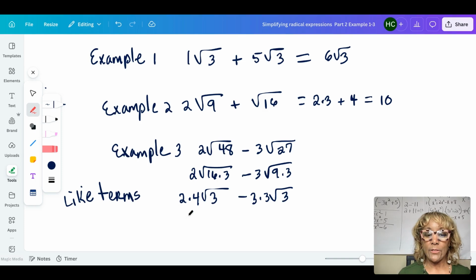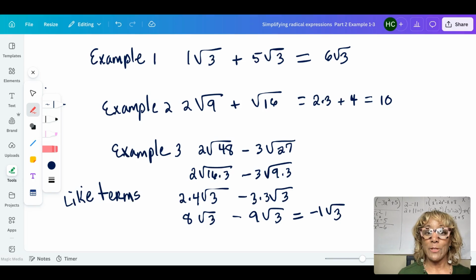Now I need to evaluate this. 8 square root of 3 minus 9 square root of 3. Now remember, I am combining, meaning I add or subtract according to the rules of integers, my coefficients, the numbers in front of the radical. So that'd be negative 1 square root of 3. And stick a fork in me, I'm done with that one.